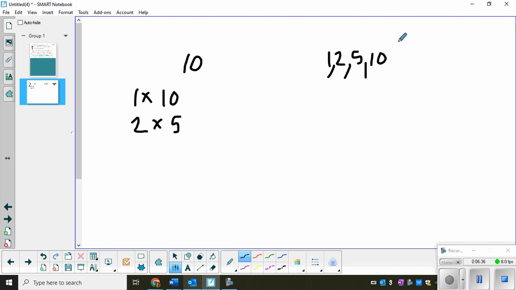So these are the factors, okay? Now if I take the numbers 10 and 15, so 15 has a couple. We've got 1 times 15, nothing times 2, but 3 times 5. So if I list out the factors of 15, we've got a 1, a 3, a 5, and a 15.